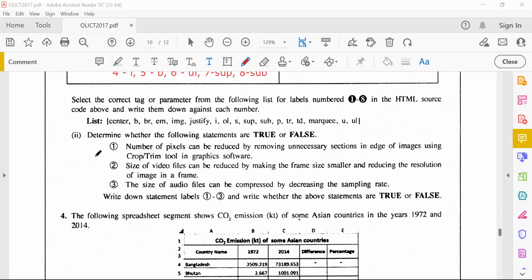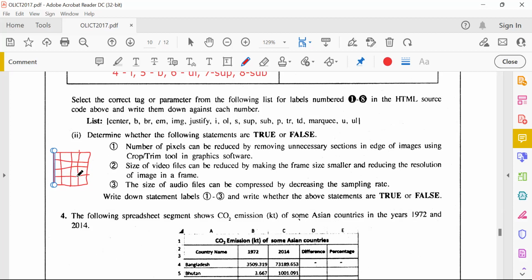So when you have the image, we know an image consists of pixels, right? So you have some number of pixels. Let's say this is my whole image.